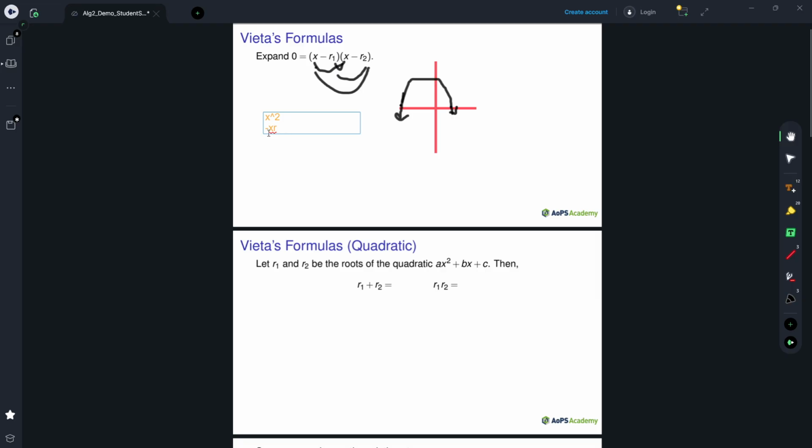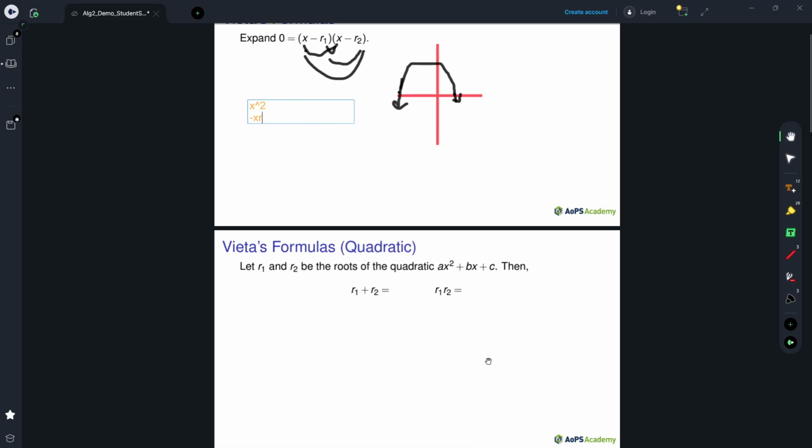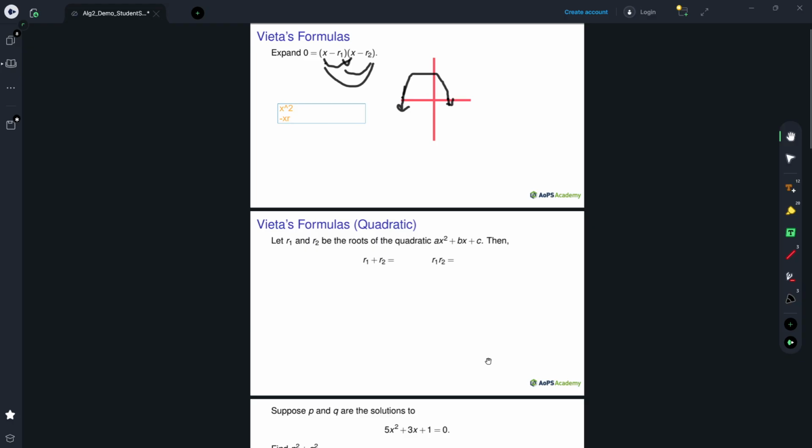I don't really know how to type the subscript, so I'll just do r(2), with a little parentheses instead of the subscript.